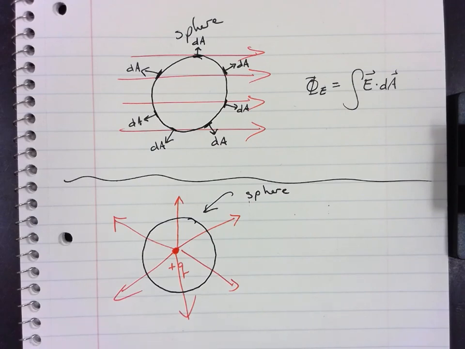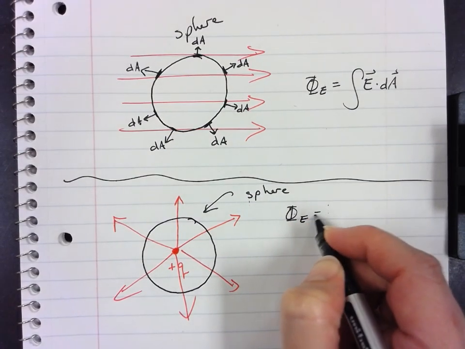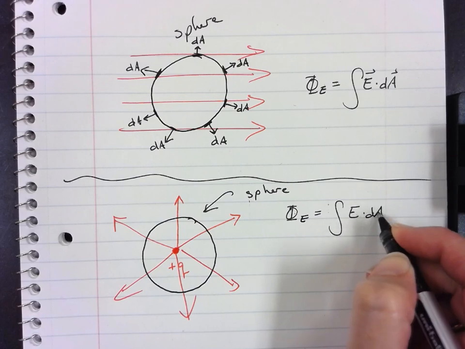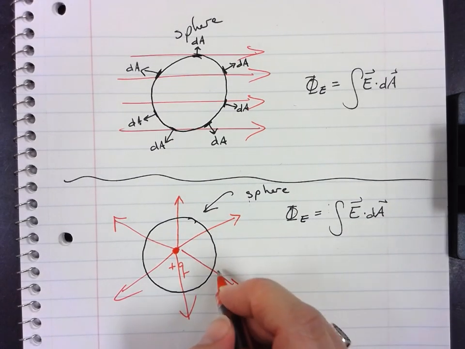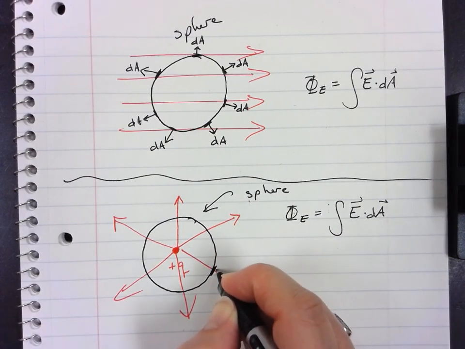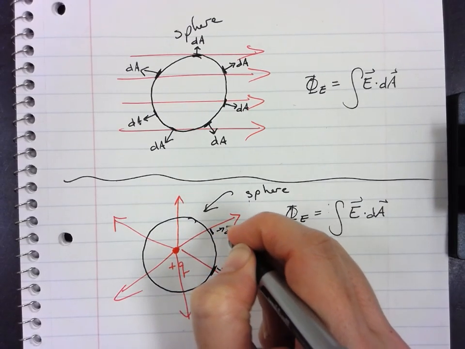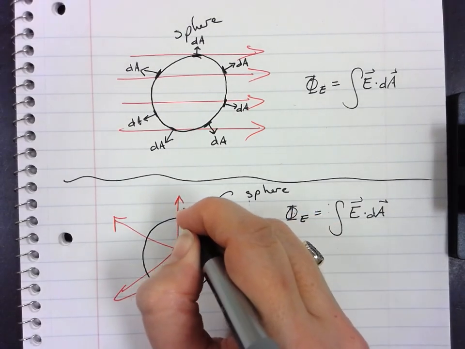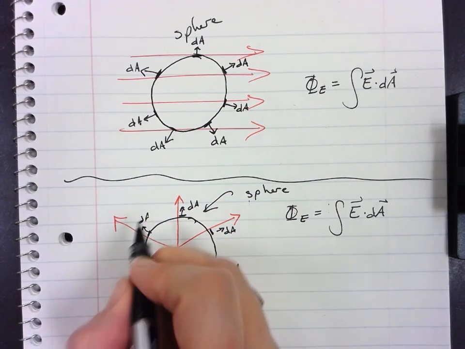So this is interesting. If we go to our flux equation, we have something slightly similar, easier. Every one of these points, now let me use black again. That little area has an outward dA. That little area has an outward dA. That little area has an outward dA. And so on and so forth.